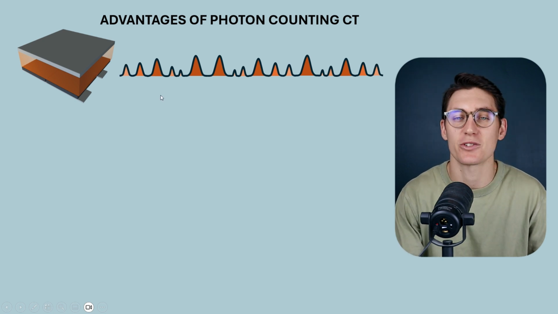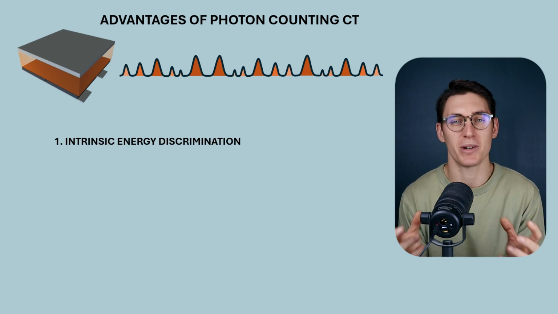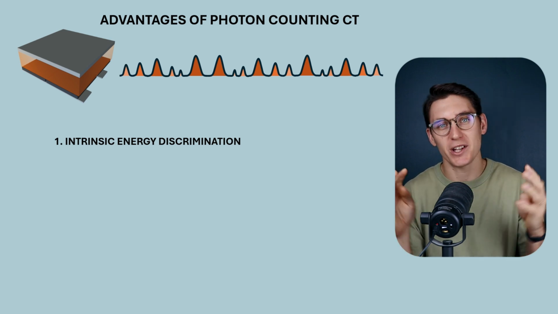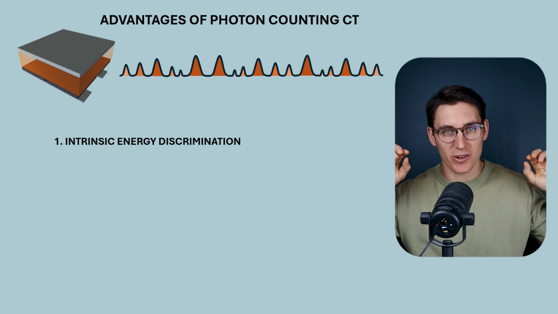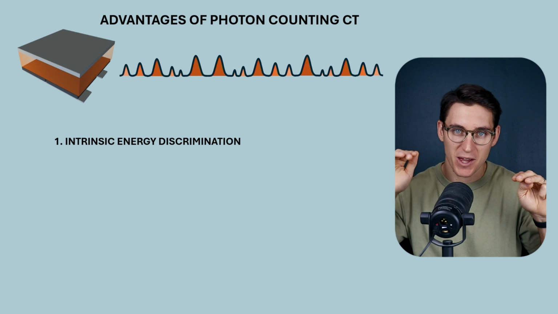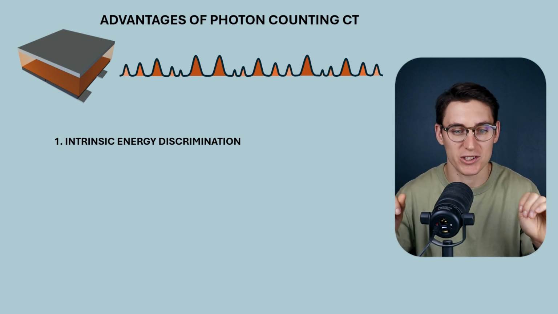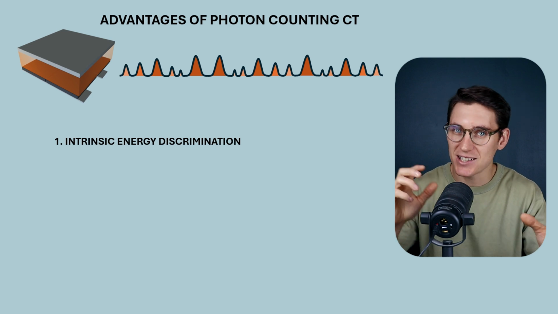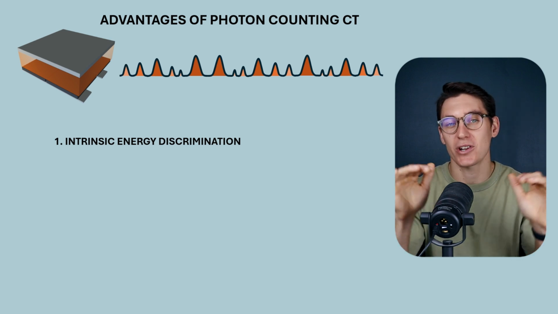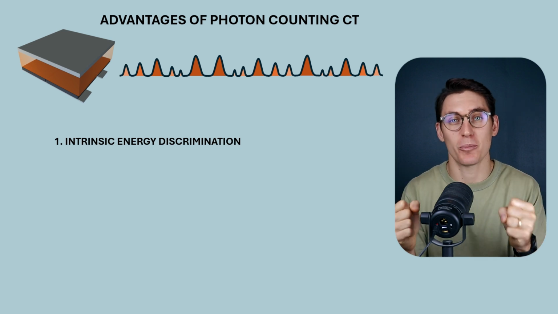The first advantage of photon counting CT, and I've mentioned it, is this intrinsic energy discrimination. We looked at dual energy CT. We said that we could have two separate average energy X-ray sources applied to the patient, whether that's alternating X-ray sources or orthogonal X-ray sources. And we can see that different tissues respond to different X-ray energies based on their tissue composition.